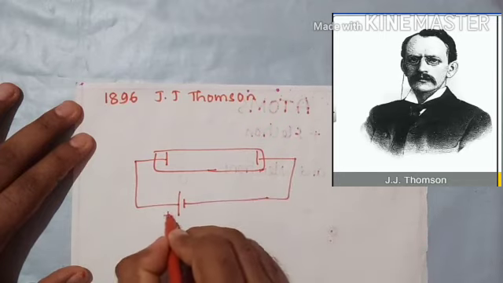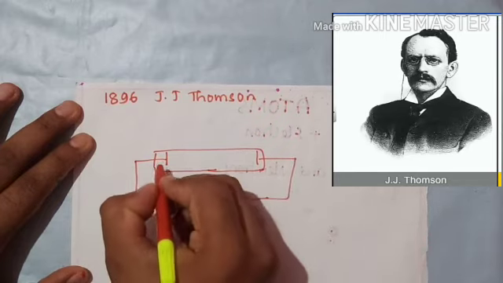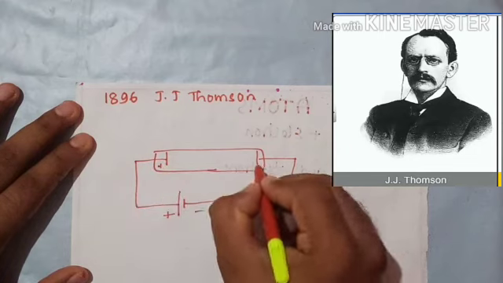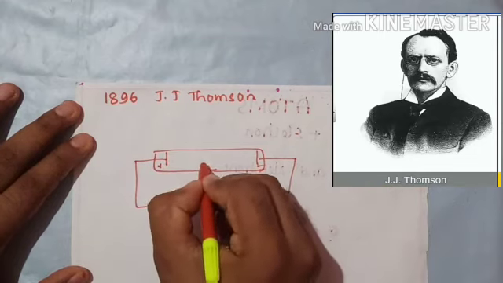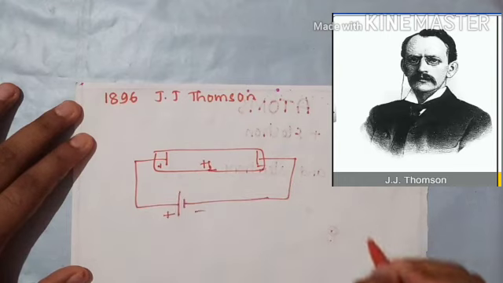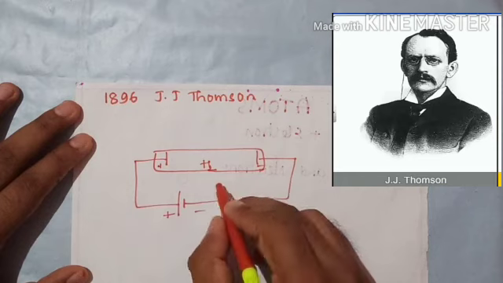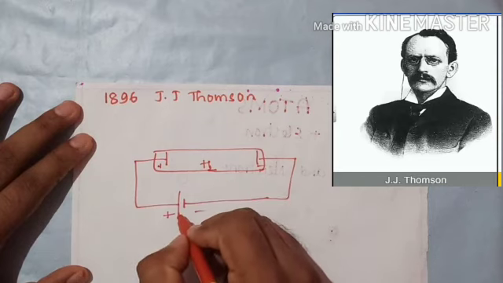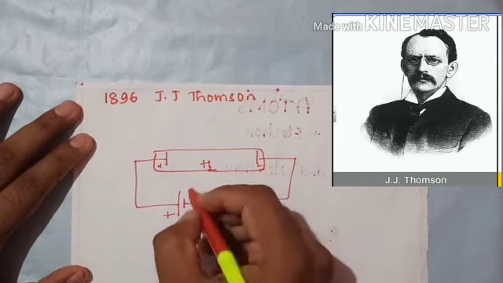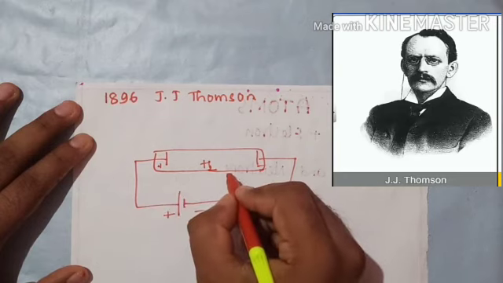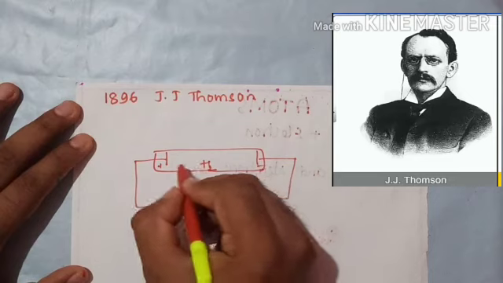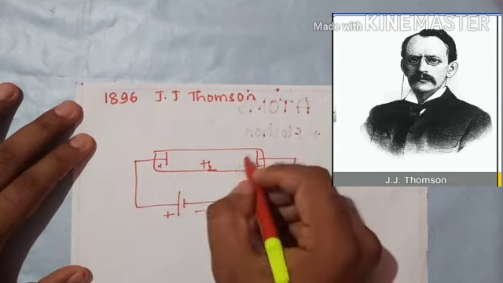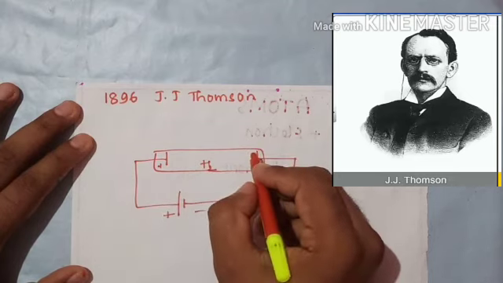This is the battery, positive, negative. He filled this chamber with hydrogen gas. When the switch is turned on, the current is passed through this tube. He carefully observed that this gas gets excited.